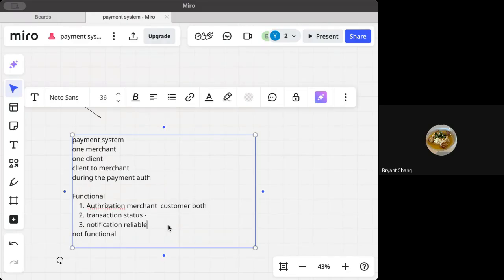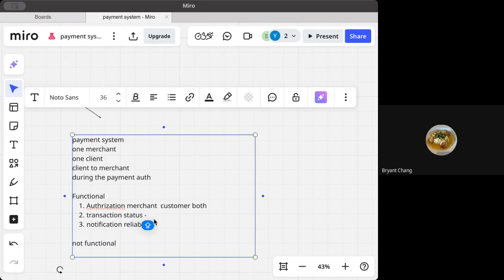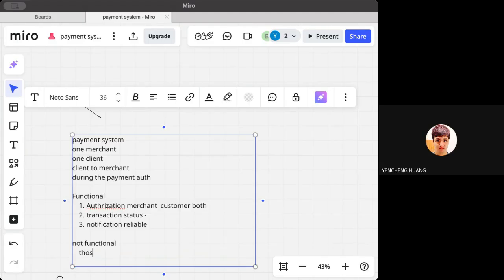Okay, so let's start with these functional requirements, and we hope the system can handle high volumes of transactions. Let's say potentially thousands of payments per second. Thousands of payments, yeah.